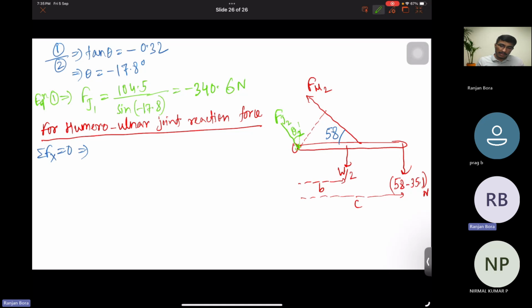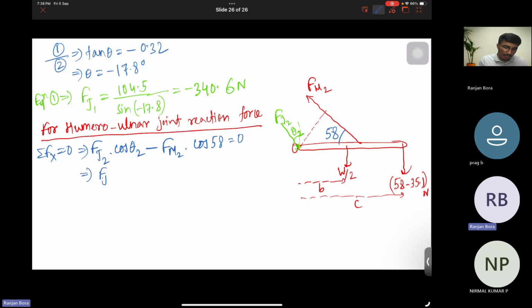So now in this case, if we do summation Fx is 0, then it is FJ2 cos theta 2 minus FM2 cos 58.